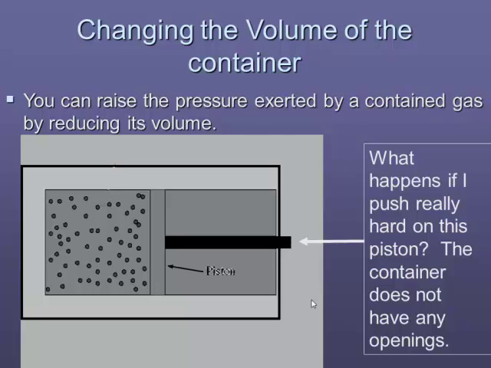So if you take the handle of this piston and you push down, you're literally going to decrease the amount of volume that all of these gas particles have to roam. That would be kind of like me making all 30 of my students fit, say, in a bathroom stall. Okay, if I decrease the amount of volume that you guys have to roam around, you're going to bump into each other more often, and you're going to bump into the container walls more often, which of course will naturally mean that you have an increase in pressure.